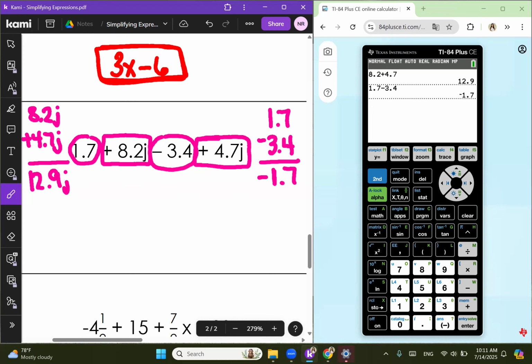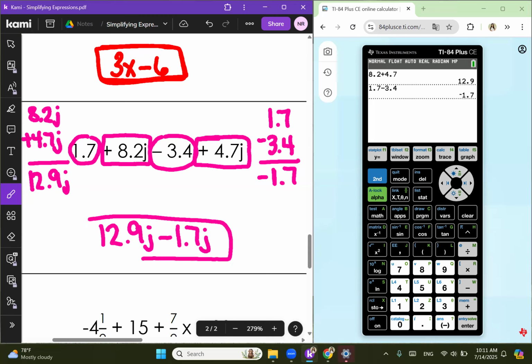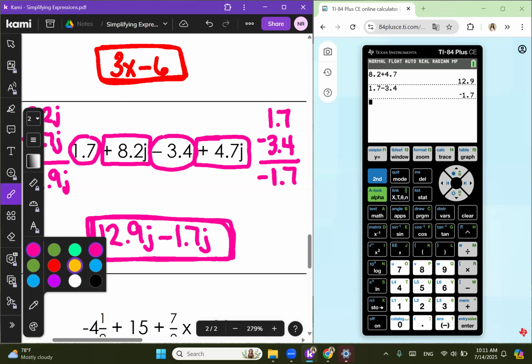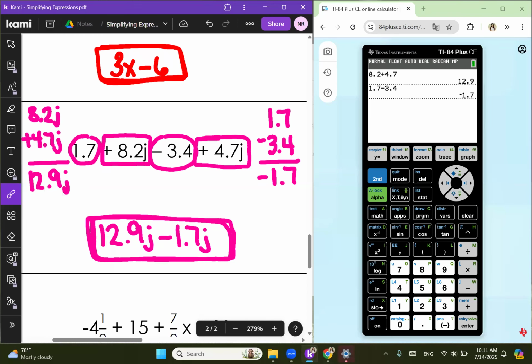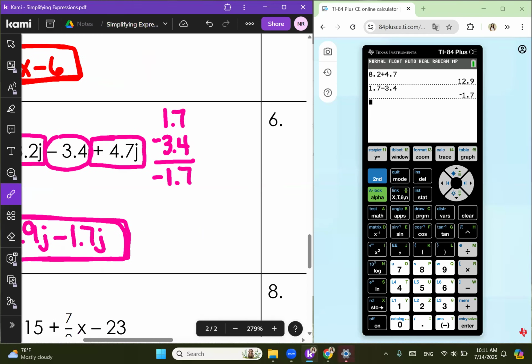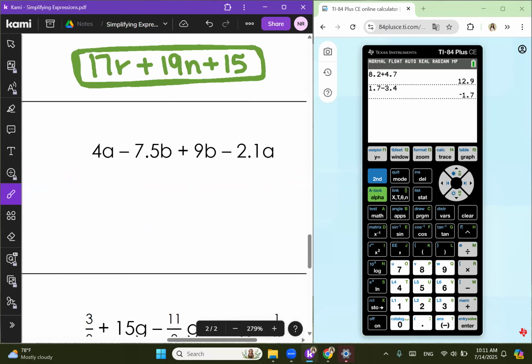Okay, so this one gives us 12.9j minus 1.7j. And even though I'm currently not here with you guys, just remember I'm coming back at the end of the 6 weeks. So be ready. Make sure you're showing your work. Go ahead and get used to that.